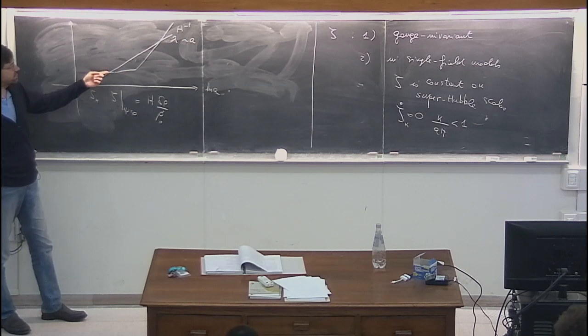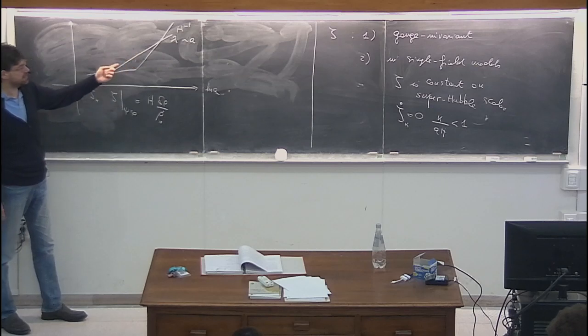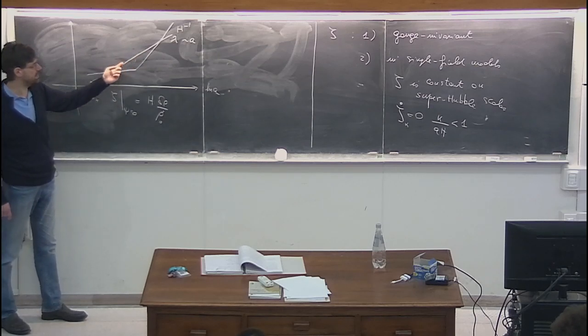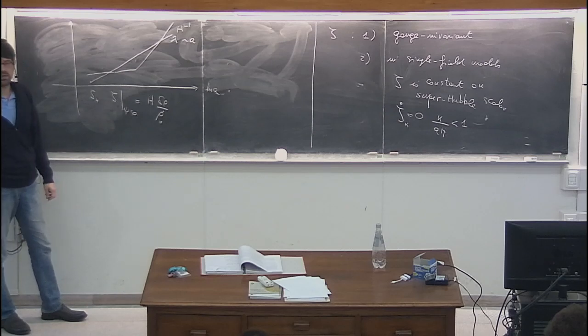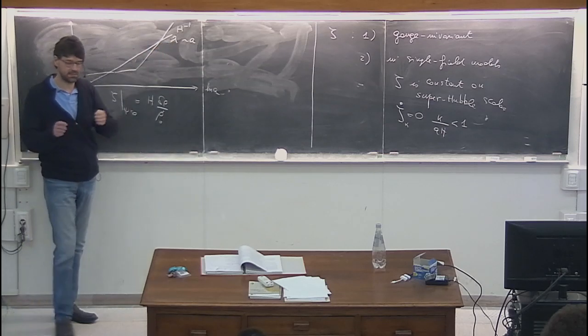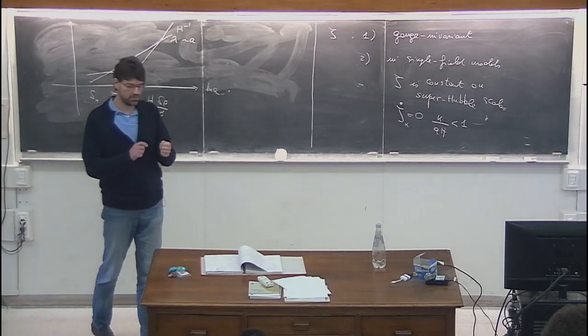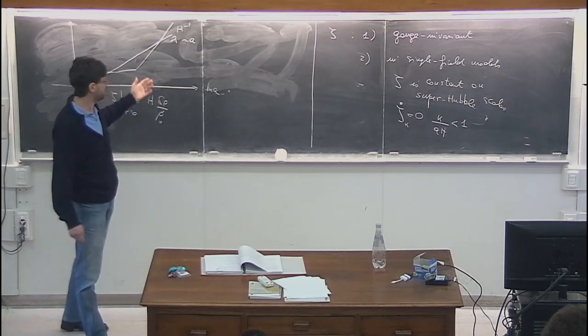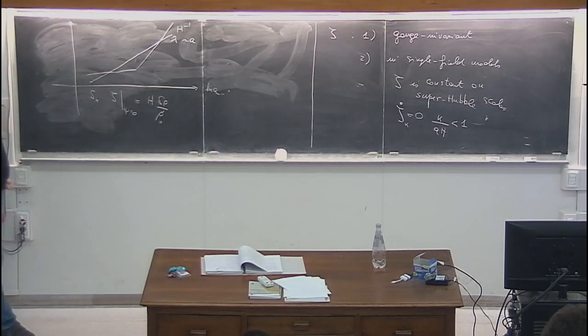Okay? And of course, this is possible because zeta is constant. So once it leaves outside the Hubble radius it does not change. So the imprint that you have here will be communicated later on. That is the key point that allows you to make a prediction and measure something many billions of years after. Okay? Is that clear? That's a key point of all the computation.